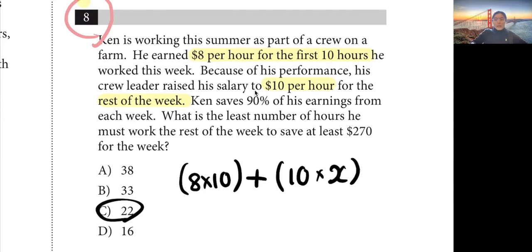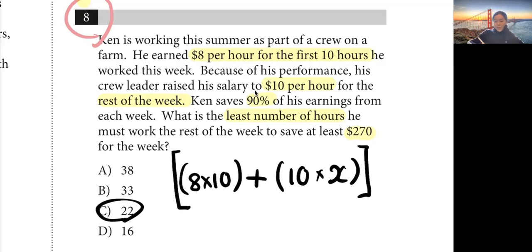Okay, and then we have another piece of information given, which is: what is the least number of hours he must work the rest of the week to save at least $270 per week. So he saves 90% of the earnings, right? So out of this whole week, he saves 90%. And when you want to take out 90% of something, you're not going to do 1.9.